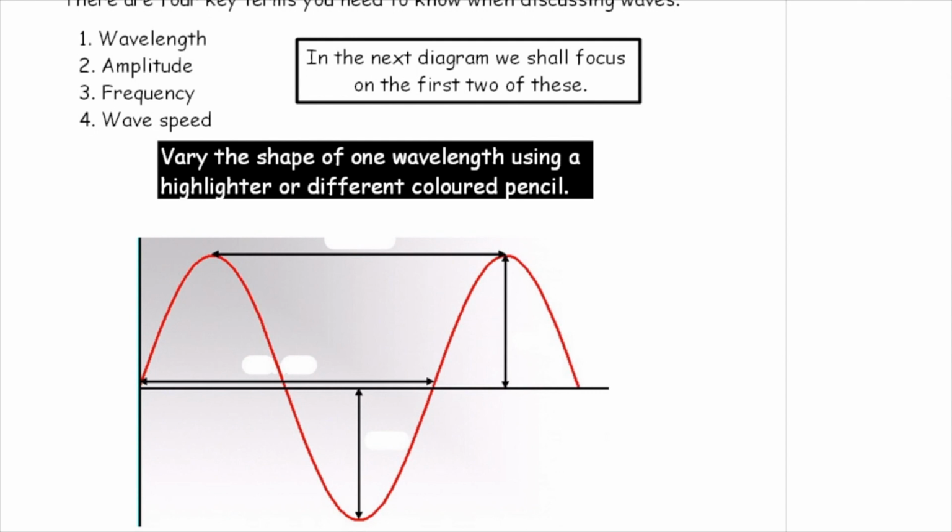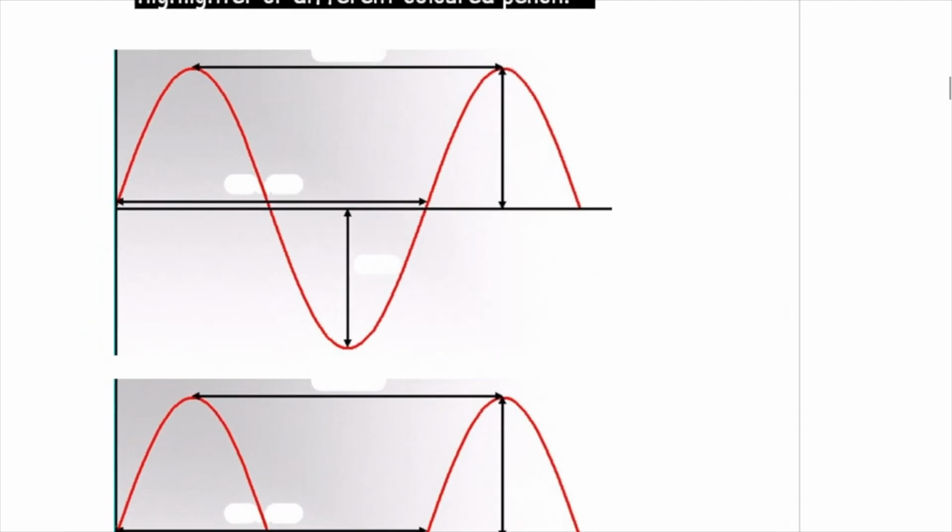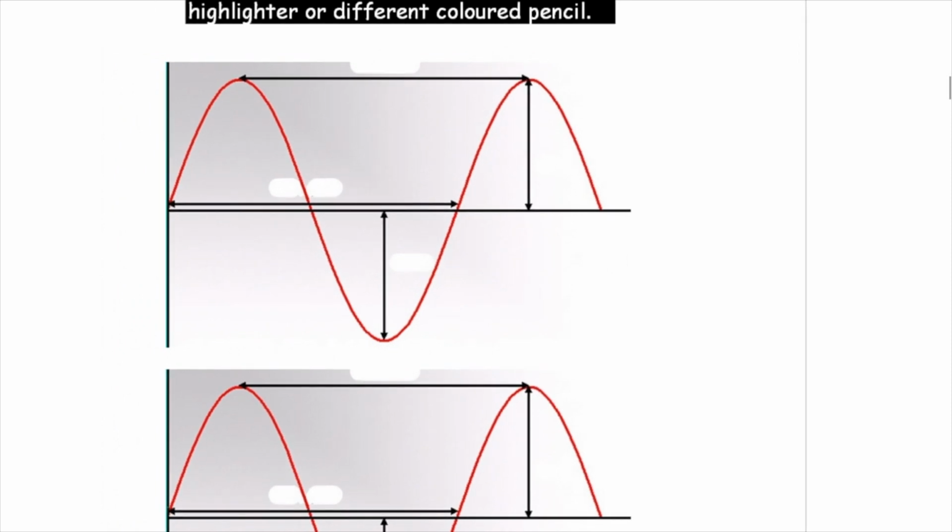What you need to do, it says, is vary the shape of one wavelength using a highlighter or different coloured pencil. What I'd like you to do is label the top wave diagram, then I'm going to ask you to draw out your own wave on the bottom diagram.